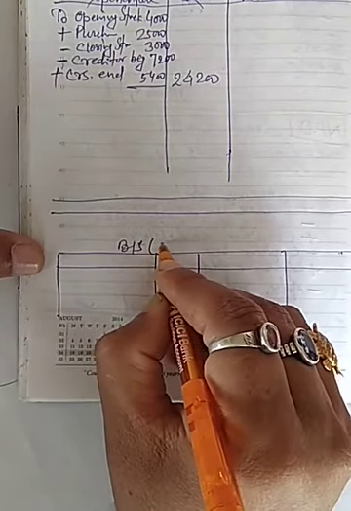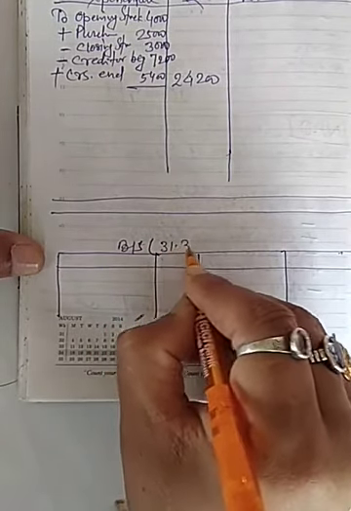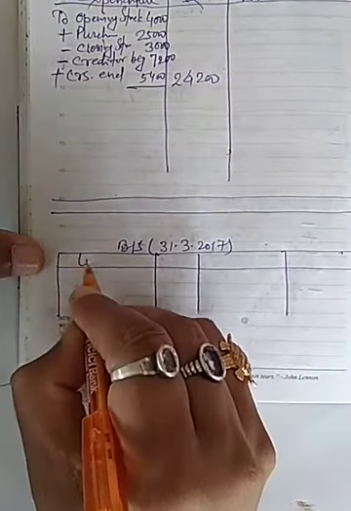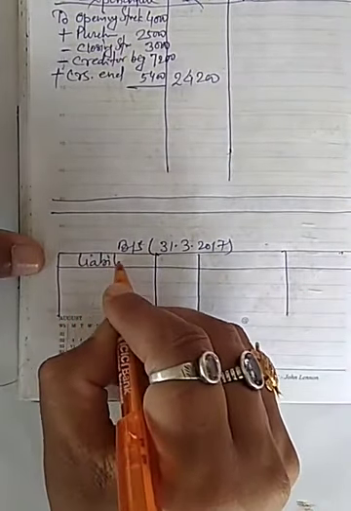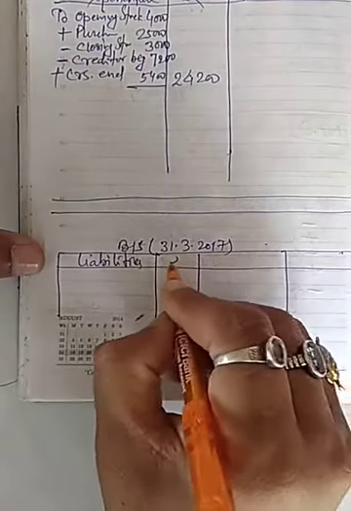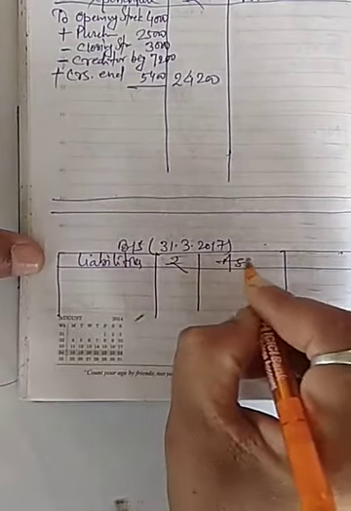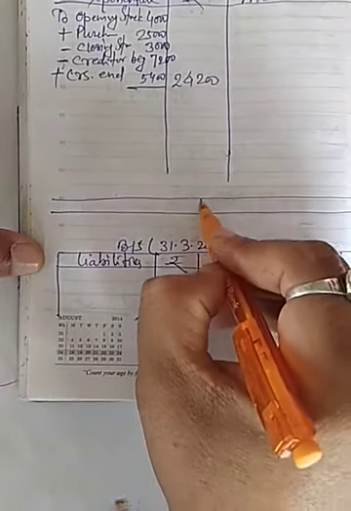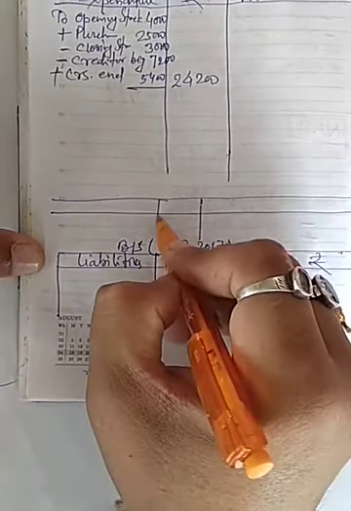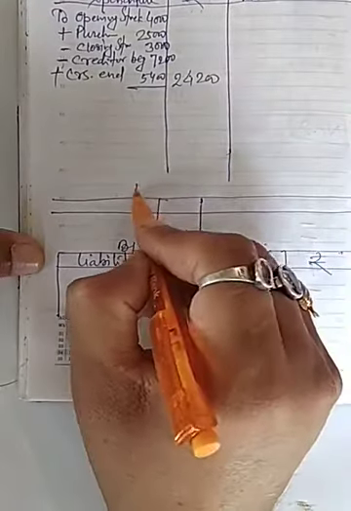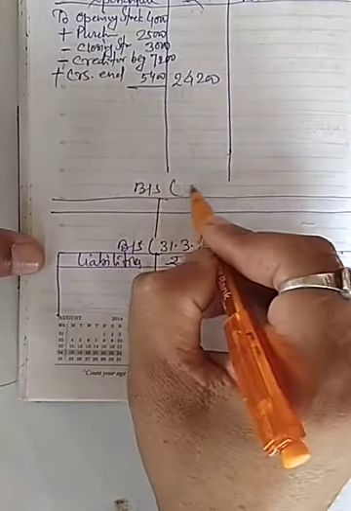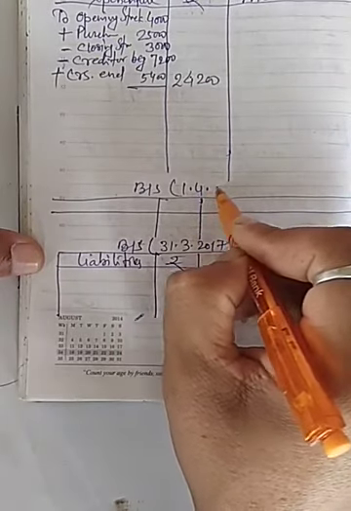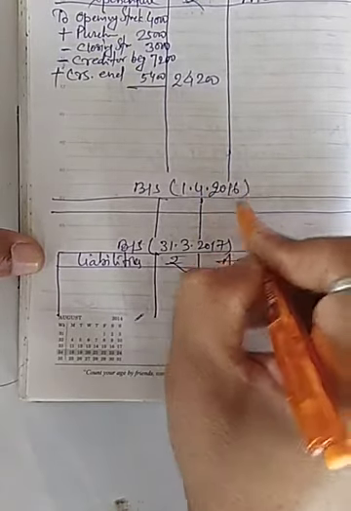Closing balance sheet, it means as at 31st March 2017. Liability side, rupees. Asset side, rupees. And this is the opening balance sheet, balance sheet as on 1st April 2016.